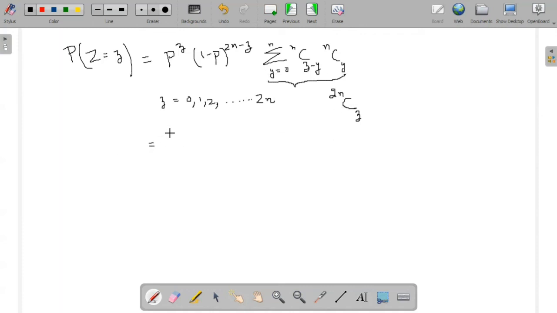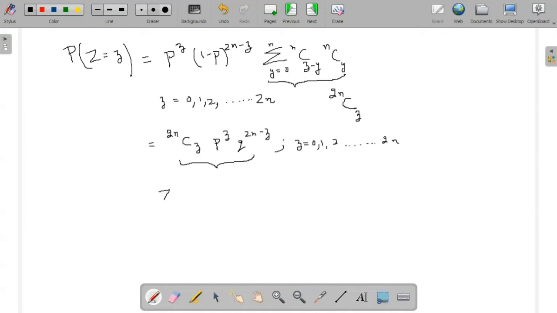So putting it here, we get 2n C z p power z and (1 minus p), which is q, power 2n minus z, where z can take values 0, 1, 2 up to 2n, which is nothing but the binomial distribution formula, where the total number of events is 2n and the parameter is the same as p.